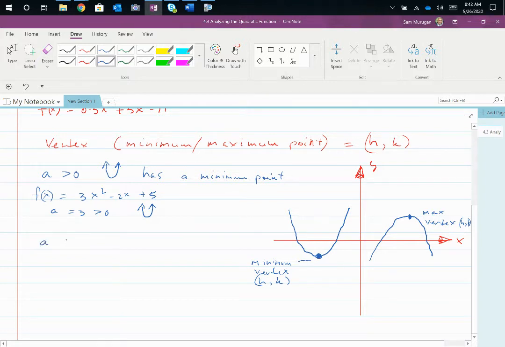If the value of a is less than 0, the graph is turned downwards. Remember, a number that's less than 0 is a negative number. Okay, negative. And if something is greater than 0, it's positive, yes? Okay, so if the value is less than 0, it has a maximum point.